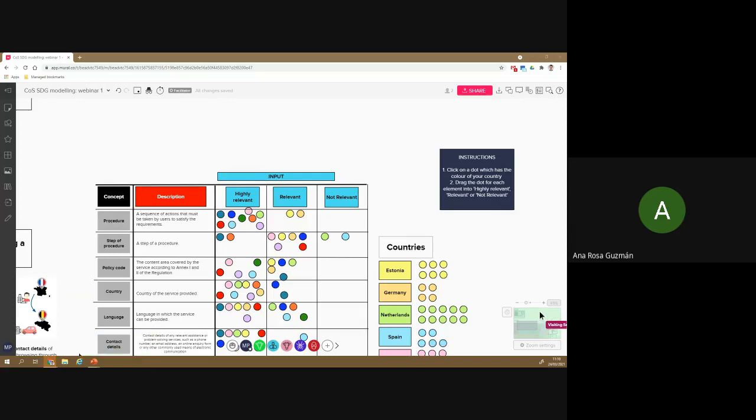If we choose the simplest scenario, then we should complement the definition of procedure, telling that the procedure processing is the responsibility of only one competent authority.